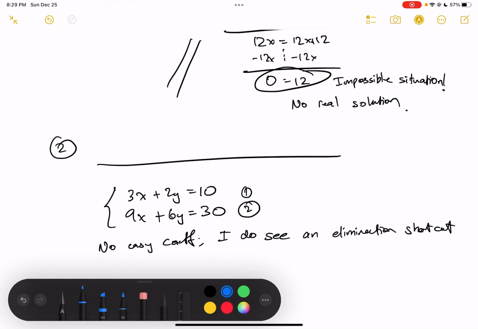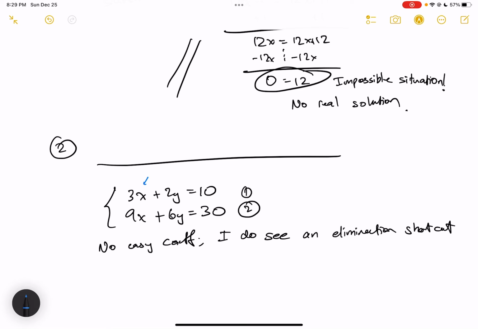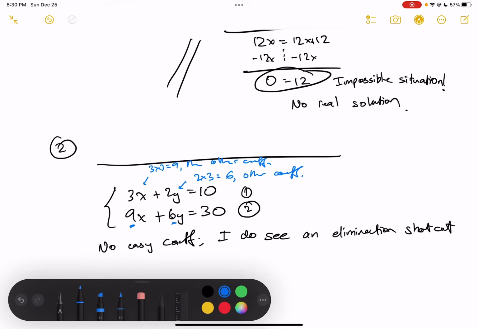Take a look at our x's or our y's in this case. In either case, we notice that 3 times 3 gives us 9, the other coefficient. Or in the case right here, 2 times 3 equals 6. In other words, the other coefficient. The 6 down here, the 9 down here.